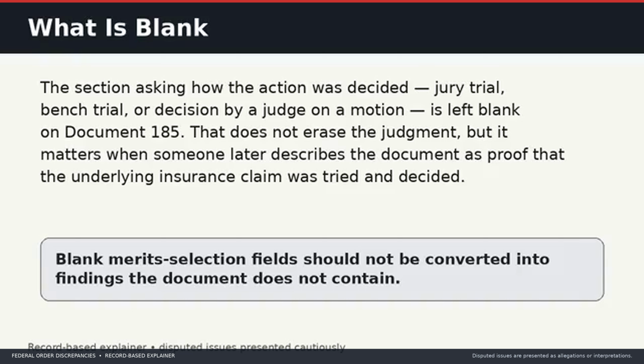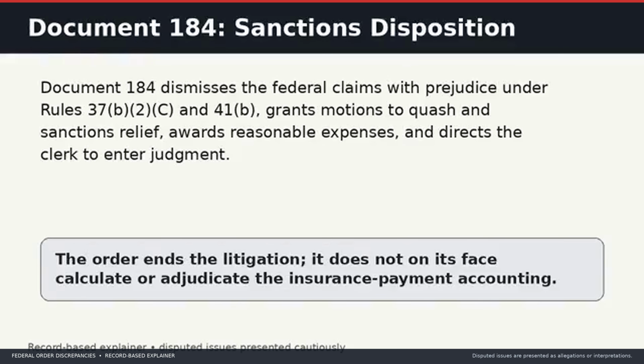What Jonathan Cunningham said at the June 12, 2025 state court hearing. Jonathan Cunningham told the court, Amy Meacham, that he had Judge Ezra's order. He described the Nationwide claim as having been dismissed with prejudice and the basis as sanctions. That language is important because it tracks the federal sanction disposition.